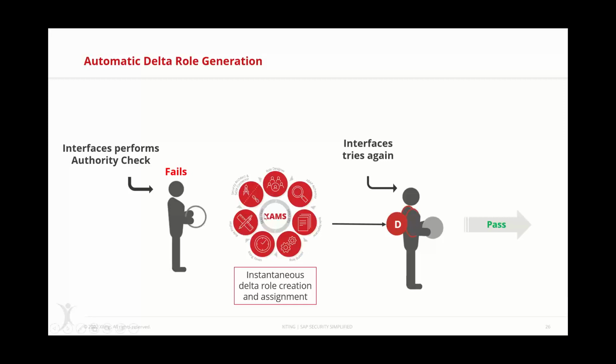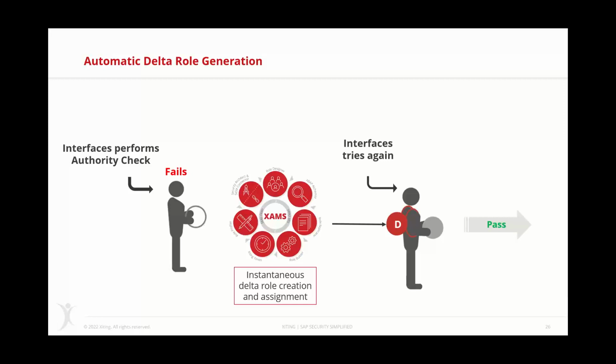What our tool does instantly, that happens within a split second, it basically picks up the failed authorization, instantly creates a role, adds that authorization that failed into the role, assigns it to the user, to the reference user, and then 2 seconds later, the interface tries again. The interface has that authorization, it passes, the interface continues to run.